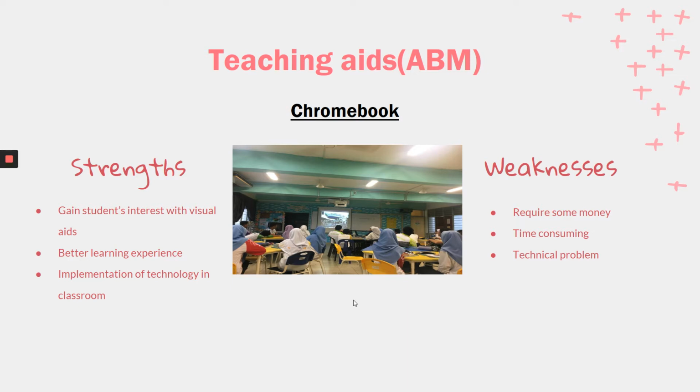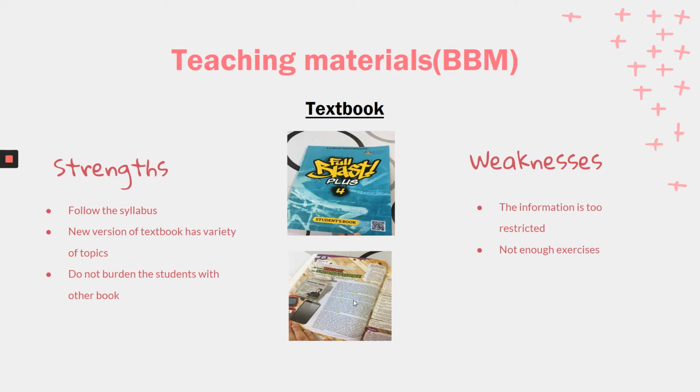Better learning experience for the student. There are a few weaknesses, require some money, time consuming, and technical problems. Sometimes the teacher will face a technical problem and the lesson will not go smoothly if they use Chromebook.